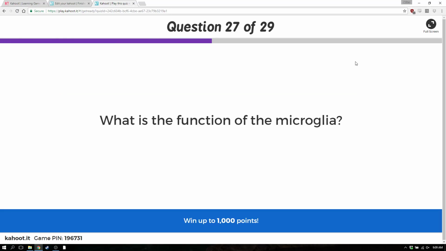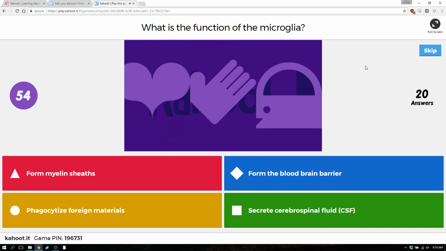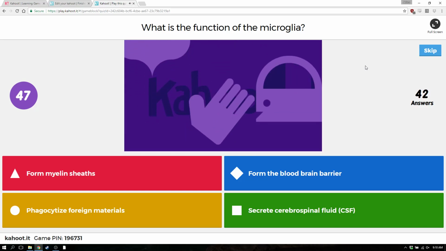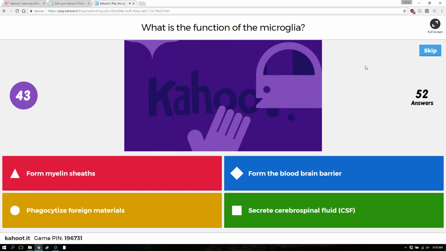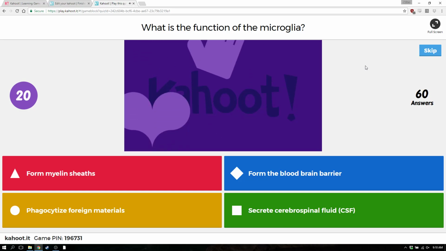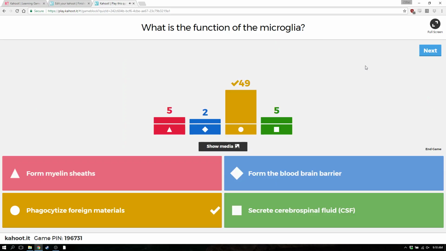What is the function of the microglia? All right, yes, they are basically the macrophages for the CNS, right?